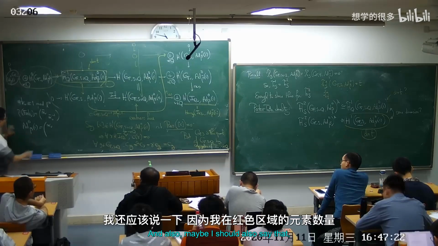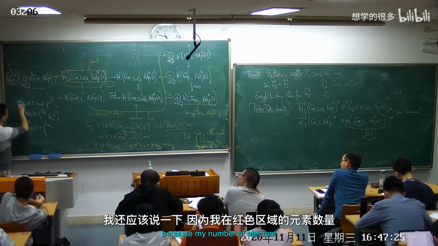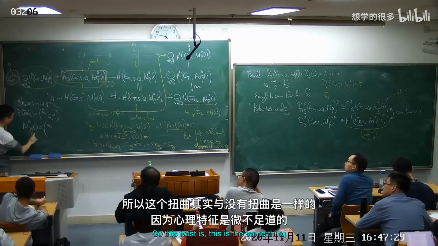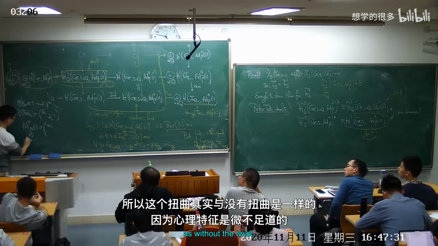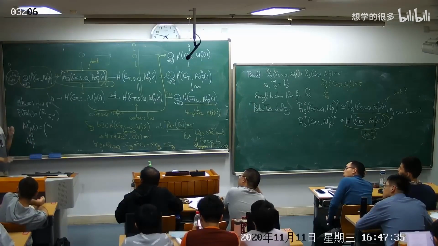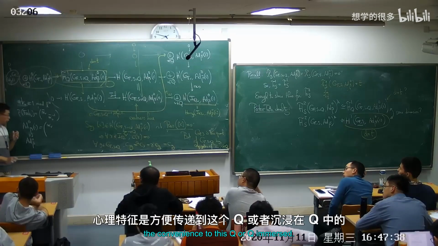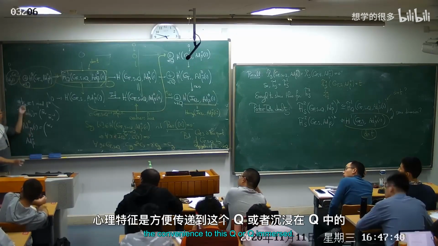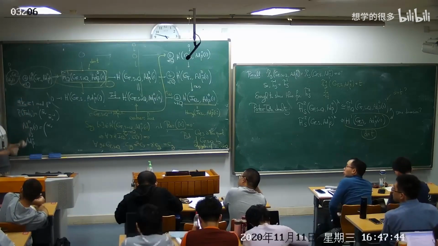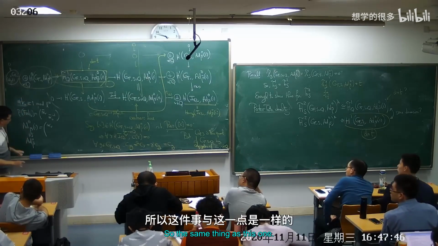Also, because the number of elements in the residue field is congruent to 1 mod l, this twist is the same thing as without the twist, because the cyclotomic character is trivial. The cyclotomic character sends the Frobenius to this q or q inverse, but it's congruent to 1, so it's just trivial.